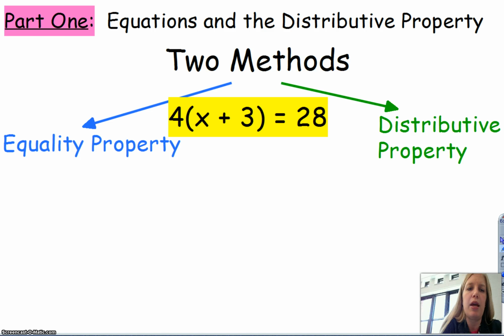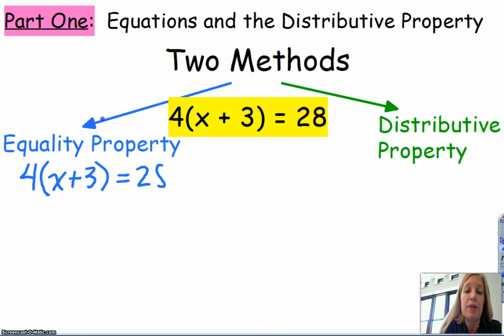So the equality property way says that we look at what's on the other side of our equal sign, this 28 that's over here, and if we can divide it by this 4 that's outside the parentheses, we can do it all in one shot like this. Divide by 4, divide by 4. And you only want to do this if this comes out to a whole number. 28 divided by 4 is 7.